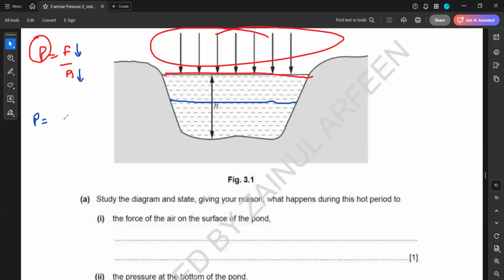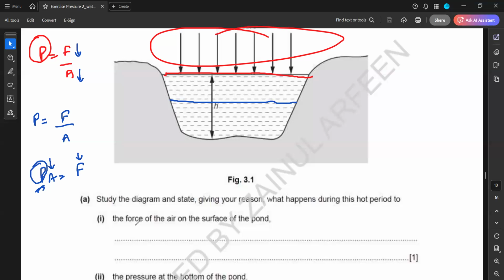Look, you have a formula. Pressure is force on unit area, or pressure times area equals force. The pressure is not changing. They mentioned that in the beginning of the question, which shows that the pressure remains constant. So if the pressure remains constant and the area is decreasing, the force should also decrease.